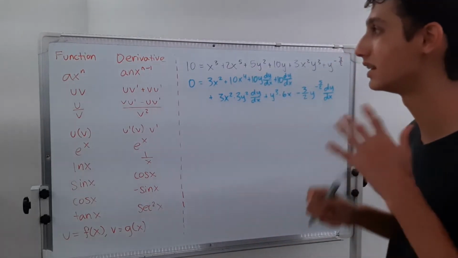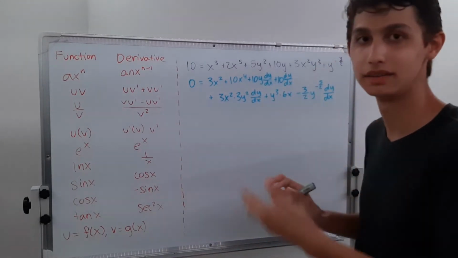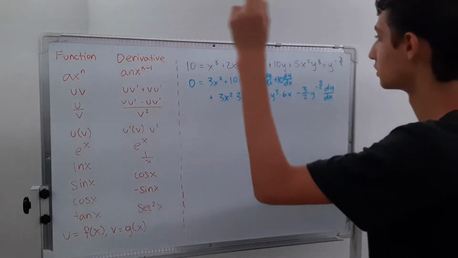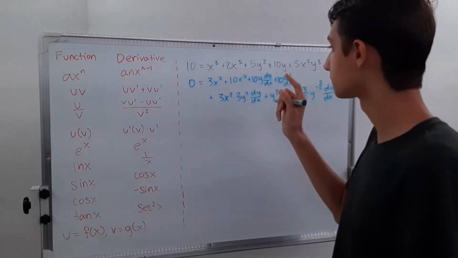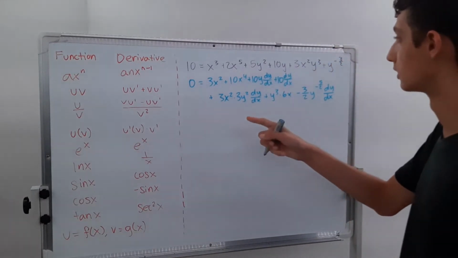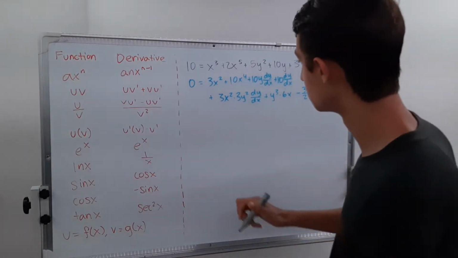Why? Because dy dx just means the derivative of our function, because y is equal to f of x, so the derivative of the entire function with respect to x. So, basically, we factor it out, move it to the other side, or isolate it, and then, yeah. So, okay.